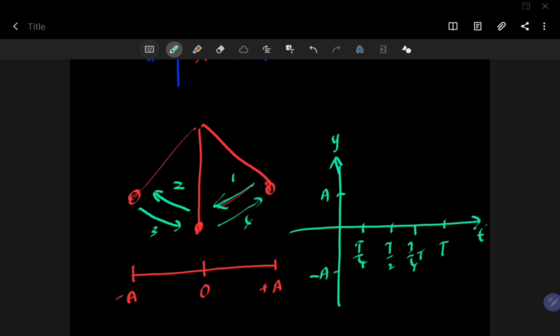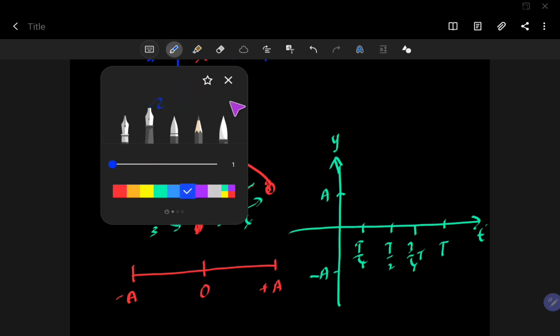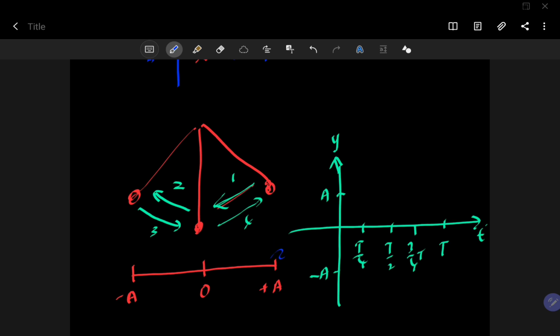Alright, so the object starts from positive amplitude, isn't it? So start from positive amplitude, and then go towards the equilibrium, and then reach the negative amplitude, and then turn back to equilibrium, and then lastly back to its original position, which is positive amplitude.